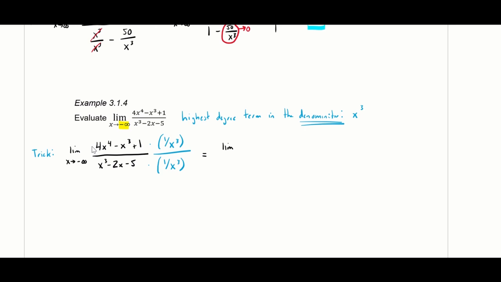So that gives us the limit as x goes to negative infinity of 4x to the fourth divided by x cubed minus x cubed divided by x cubed plus 1 divided by x cubed, all divided, so that's all my numerator, all divided by x cubed minus 2x divided by x cubed minus 5.